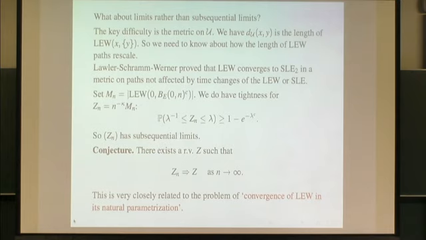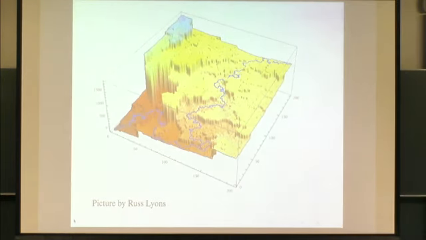So that's the end of my talk, and I just thought I'd show you a picture by Russ Lyons showing some of the fun things that you see in the uniform spanning tree. So let me tell you what the picture is. We've got a uniform spanning tree here on this 200 by 200 grid. Of course, there is a path in the uniform spanning tree from the origin to the point (200, 200).